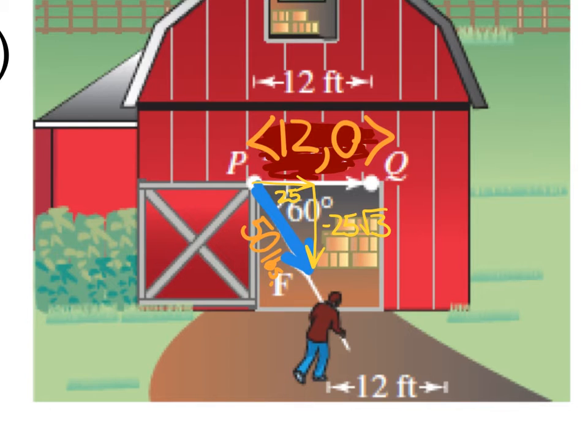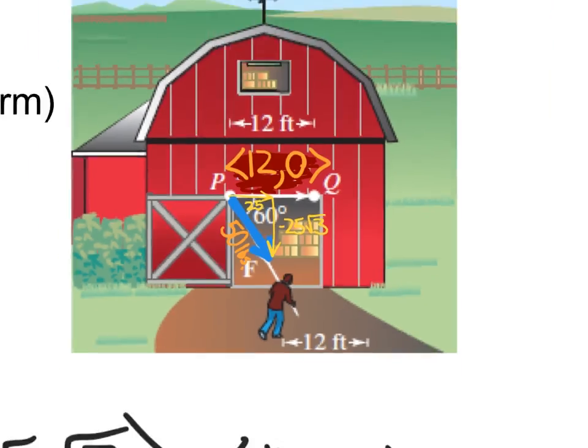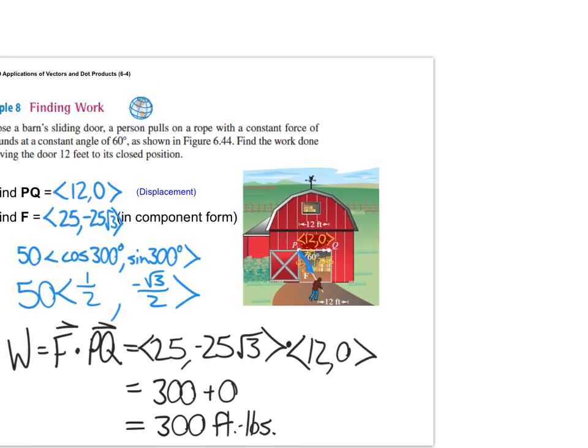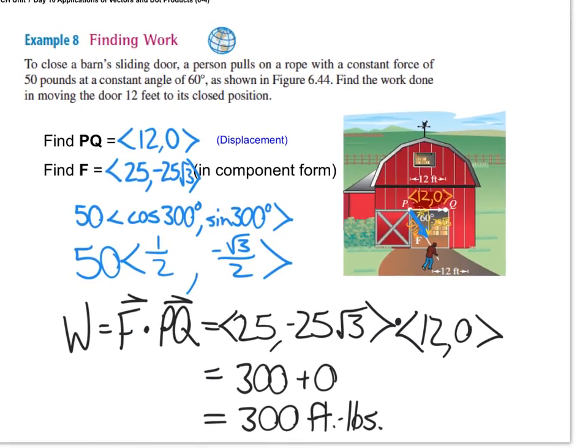In fact, if you ever see an old barn with one of these tracks, most of the time you'll see the track is sagging at the ends. It's usually sagging down because over the years of pulling it, that weight pulling down warps the track. So there's our work that we're trying to find. It's kind of a neat concept.